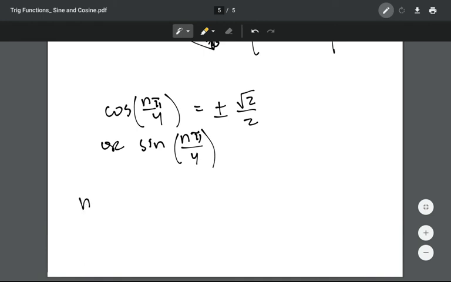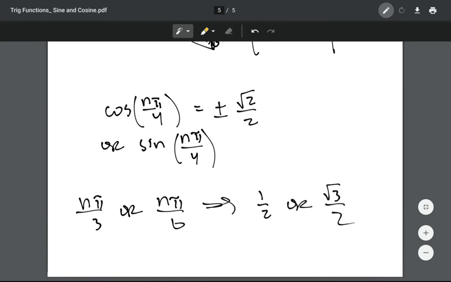So whenever you're doing a pi thirds or a pi sixths, you know that you're going to get a 1/2 or a radical 3 over 2. You've got to work a little bit harder to get those. I don't think it's worth memorizing which ones turn up with sine and which ones turn up with cosine, but just remembering how they show up is important.